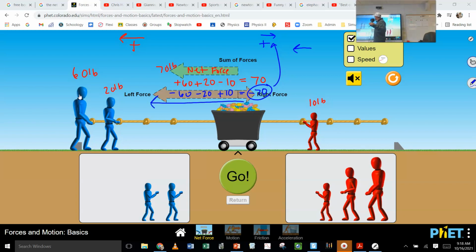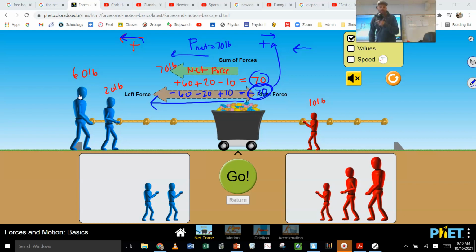So no matter what way you decide is positive or negative, the net force is going to be in the same direction. If I make to the left positive, I get a positive 70. If I make to the right positive, then I get a negative 70. In both cases, the net force is in this direction, and it's equal to 70 pounds.